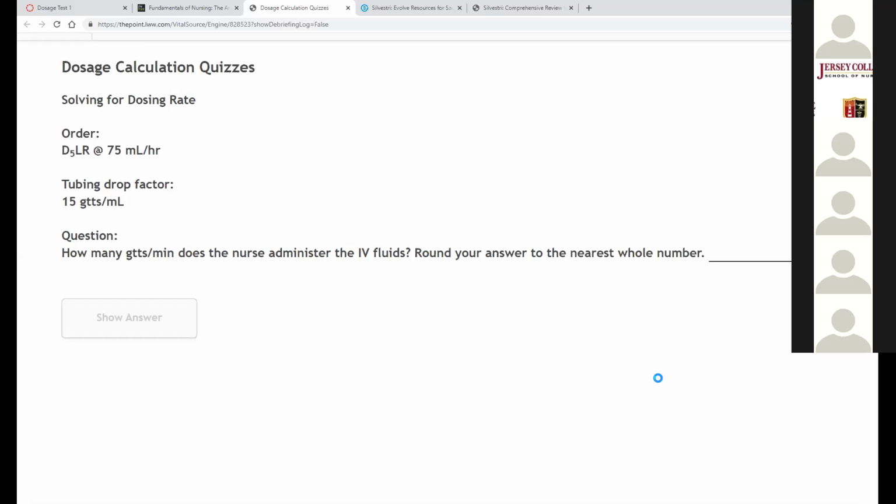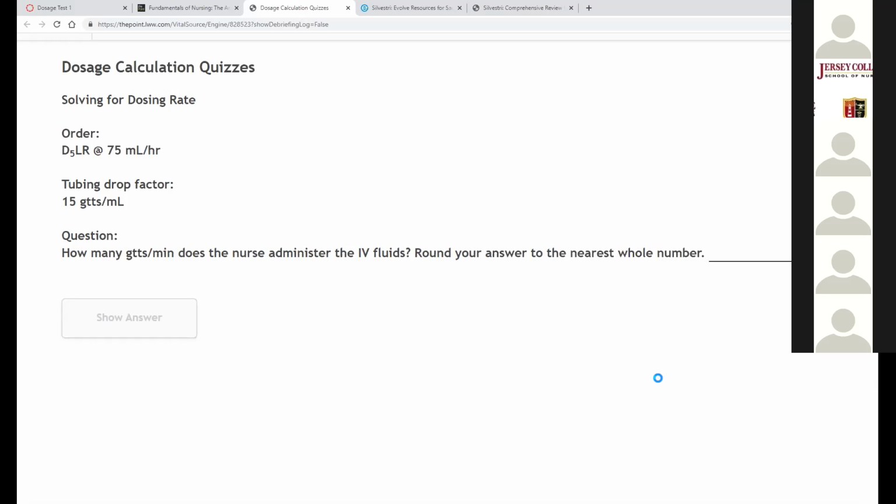So our total volume is what? 75. And what is our time? Because it's over 1 hour, right? It's 1 hour. So our time in 1 hour in minutes is what? 60. So 75 divided by 60 times your 15. 18.75.